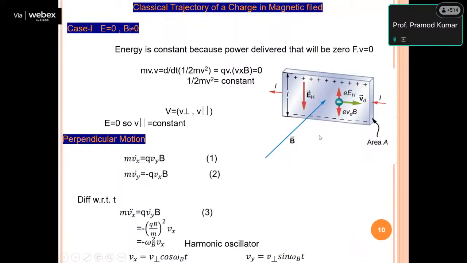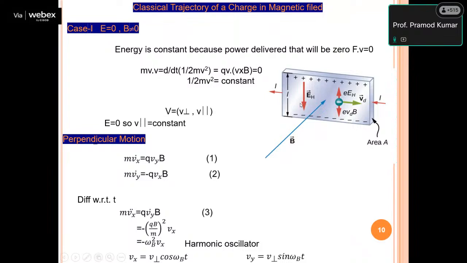So now we can choose two different conditions and understand exactly how electrons behave in these quantum materials. Look at case one: the electric field is equal to 0 and the magnetic field is not equal to 0.